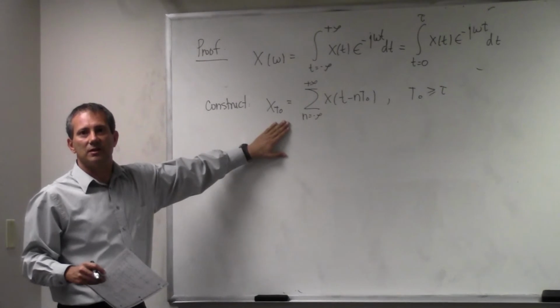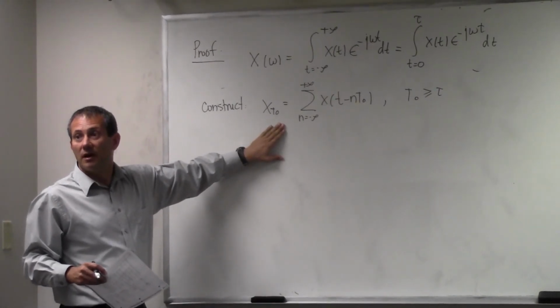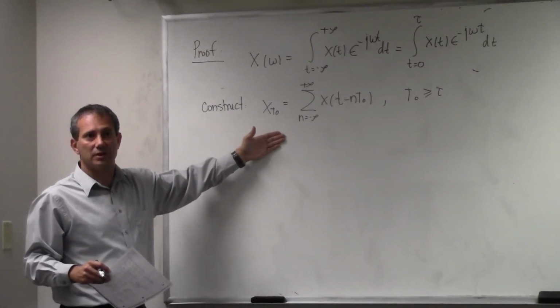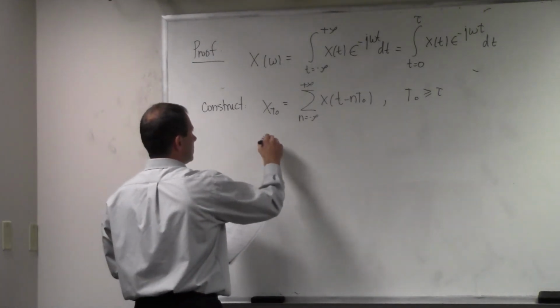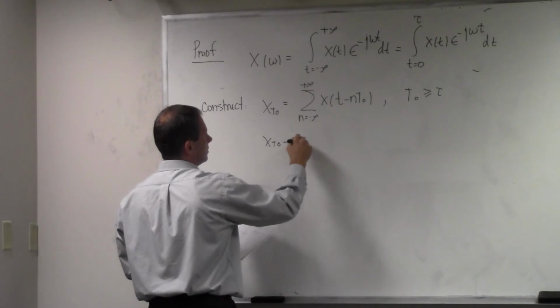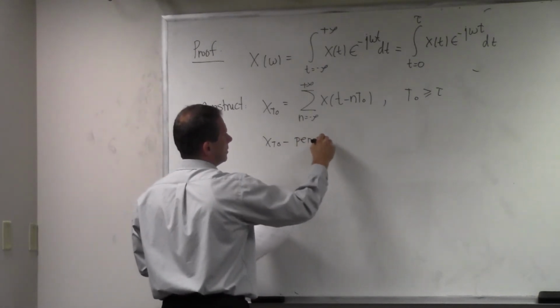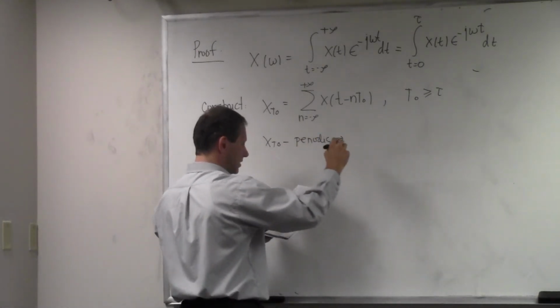Now, what about this signal? It's a periodic signal. So since it's periodic, I know that it has a Fourier series, and I can determine the Fourier series coefficients. So x of T0 is periodic. Therefore, it has a Fourier series.